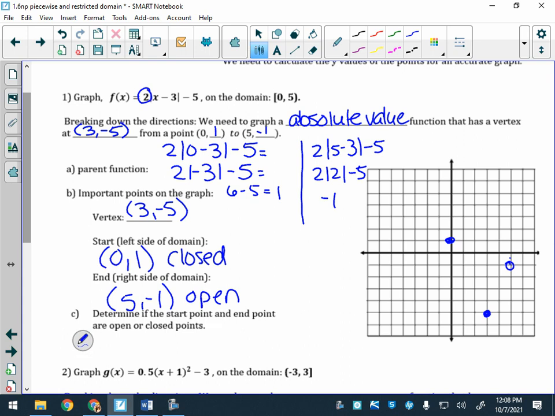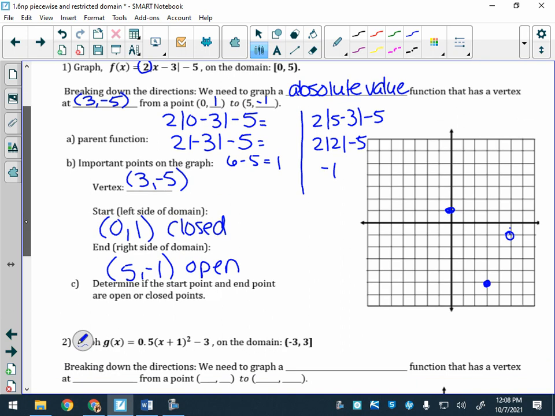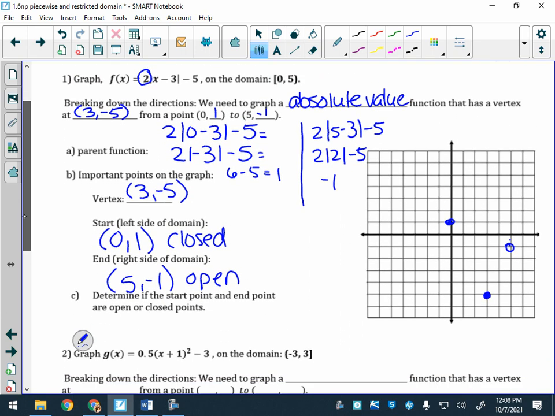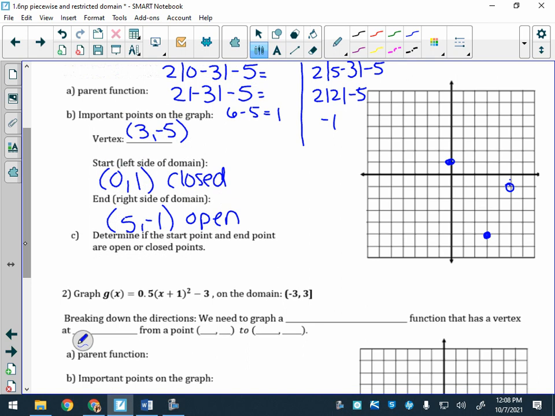What can we use with that number? You could use the t-chart, but we could use for absolute value the slope, right? Slope is used. So from the vertex up to either side. And that is our piece of our absolute value graph.